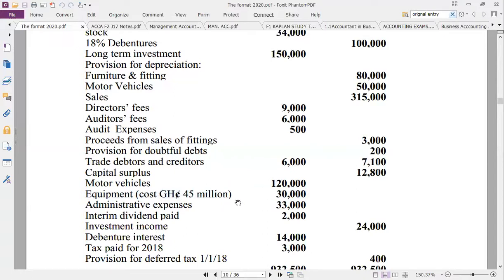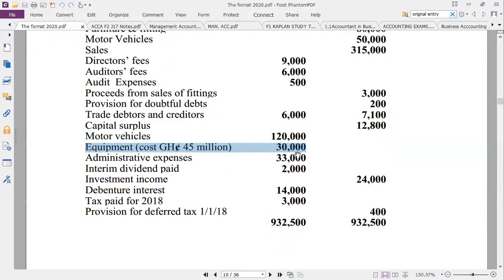So in short, the accumulated depreciation is 15 million, which they have subtracted from the 45 before arriving at the 30 million. Admin expenses 33. Interim dividend paid 2,000. Investment income 24,000. Investment income will go to other income.